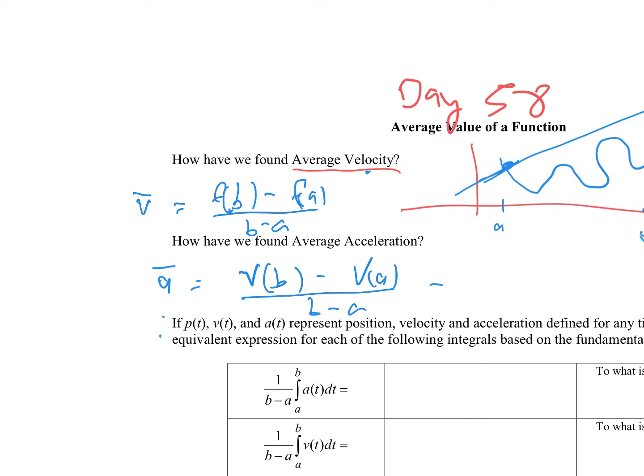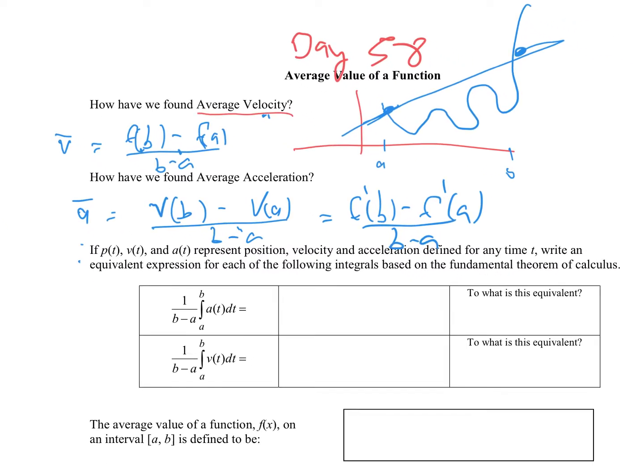In this case, I could have said f prime of b minus f prime of a over b minus a. That is average acceleration, because I'm using the velocities. For average velocity, I'm using the positions. So that was nothing new.